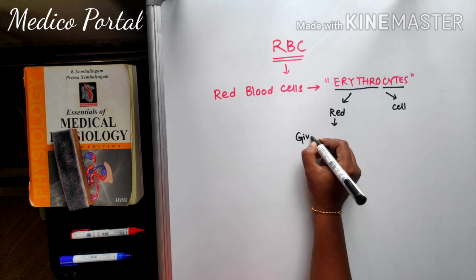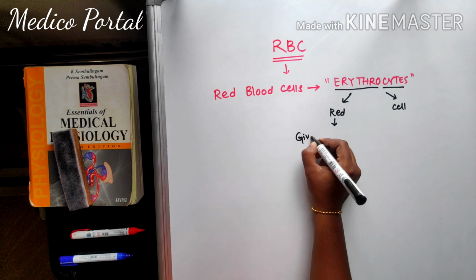Coming to the advantages of this biconcave shape, which is very important for a cell to travel in circulation, there are three important advantages I'll mention here. The first importance of this biconcave shaped cell is that it helps an equal and rapid distribution of any substances and also the oxygen.